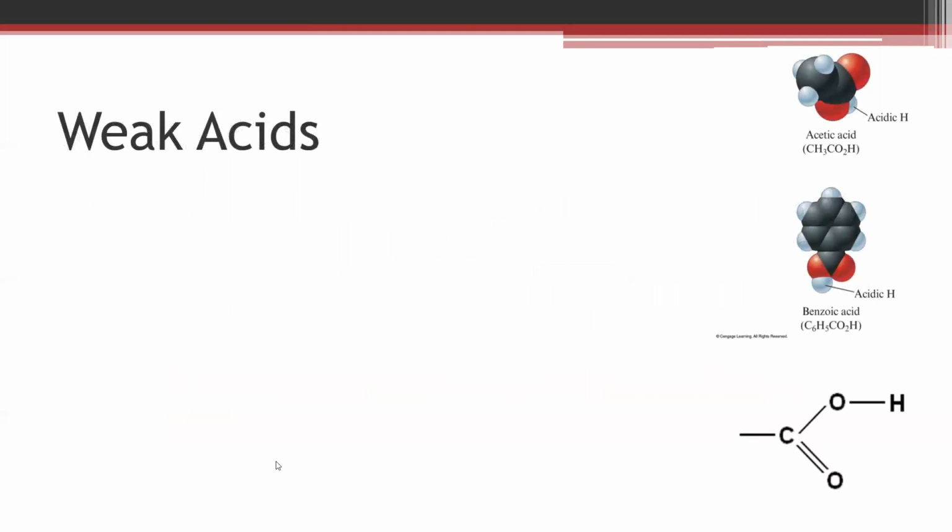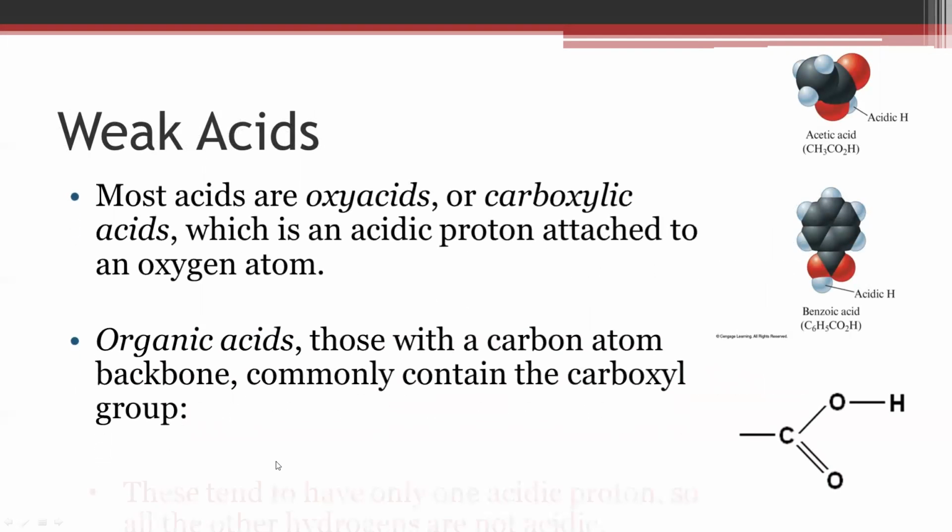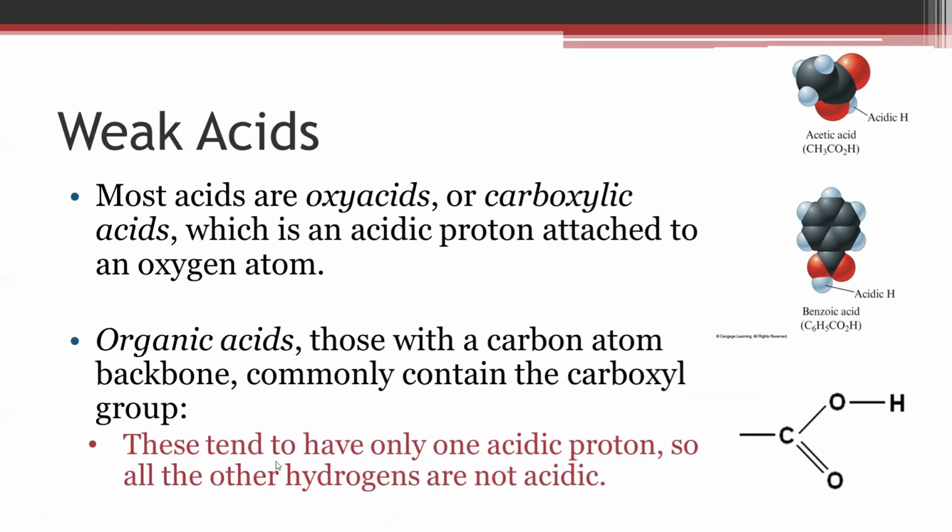Now, weak acids, most of them are what are known as oxyacids or carboxylic acids, where an acidic proton is attached to an oxygen atom. Or sometimes it might be another highly electronegative atom if it's not oxygen, but oxy is for the oxygen part.